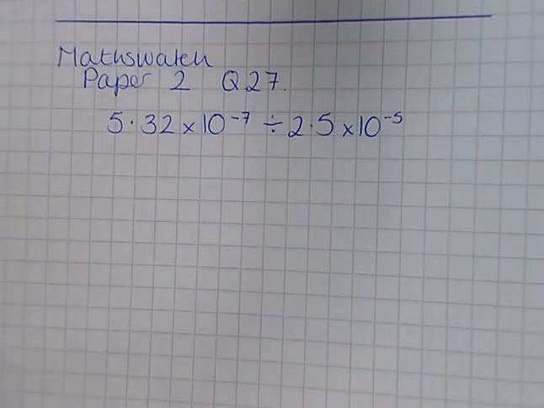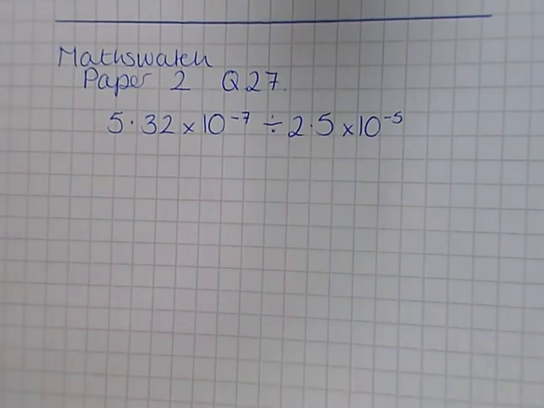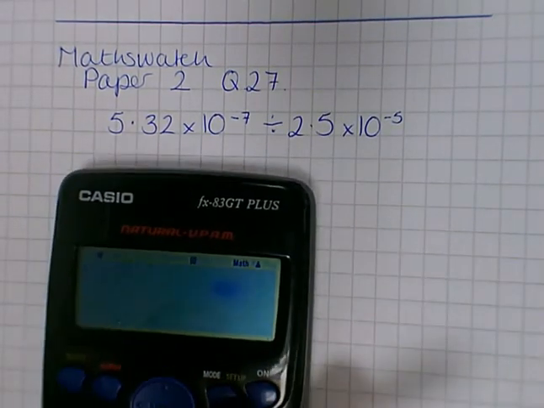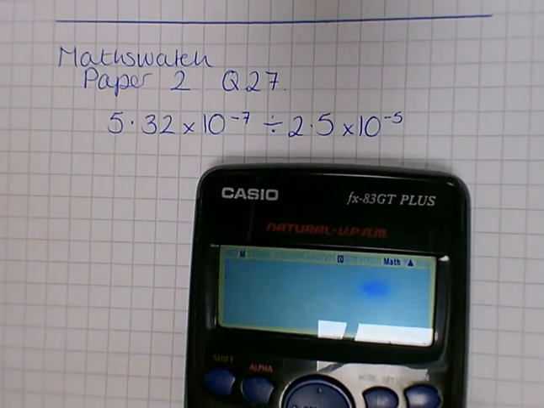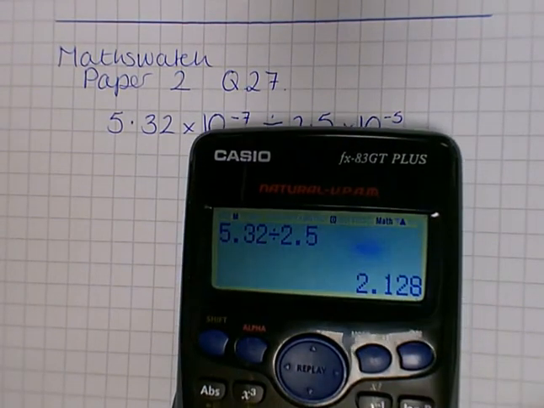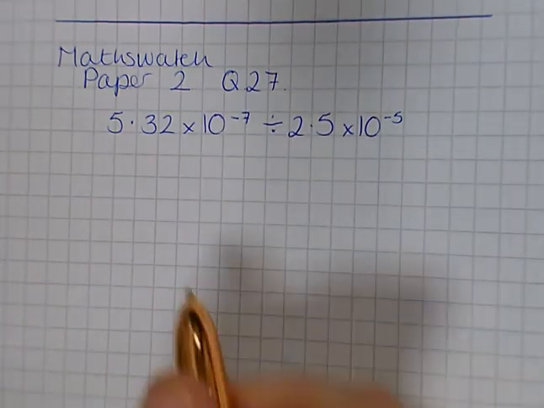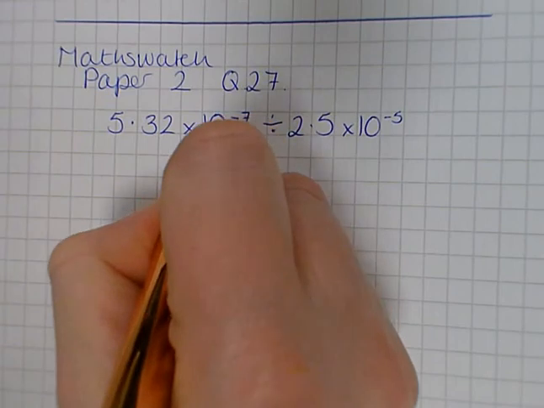So following the methods that we have done so far, we are going to do 5.32 divided by 2.5. Now this was on your calculator paper, so you can do that bit on your calculator, because it is a decimal as a fraction, so I'll convert that to a decimal, and it's 2.128. I'll just put my answer down here.